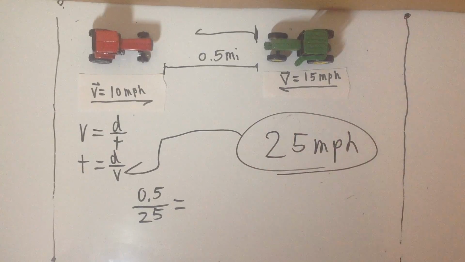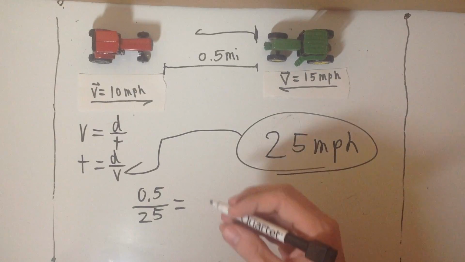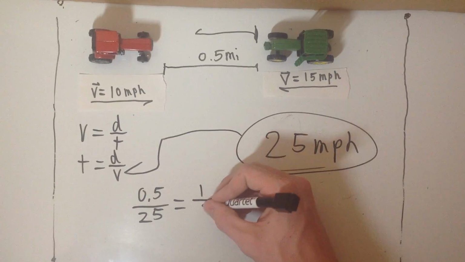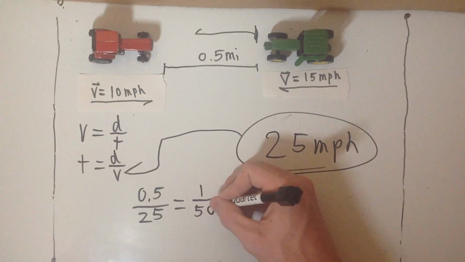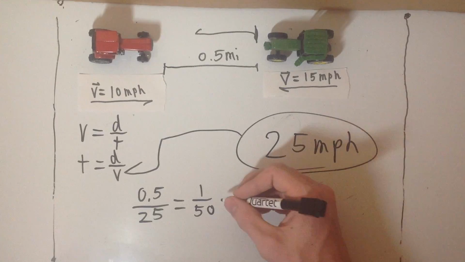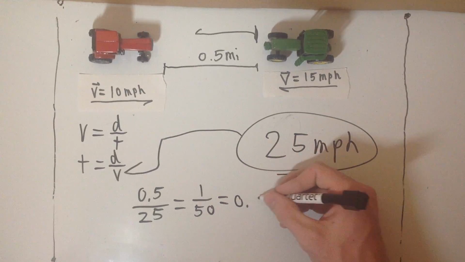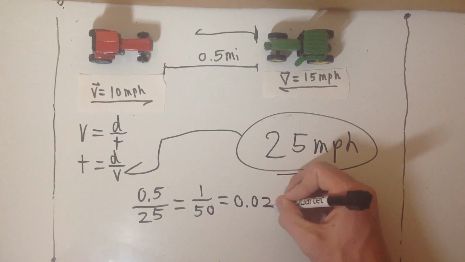We take a moment to calculate this. So plug it into your calculator, see what you get, and we get 1 over 50, which equals 0.02.